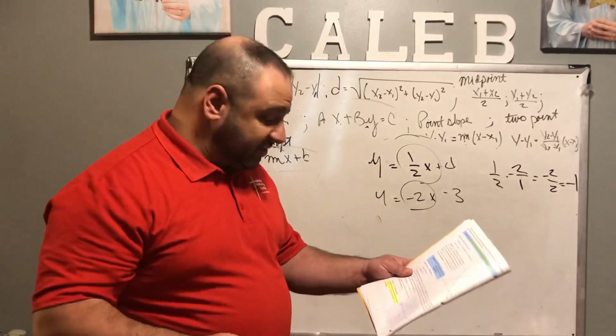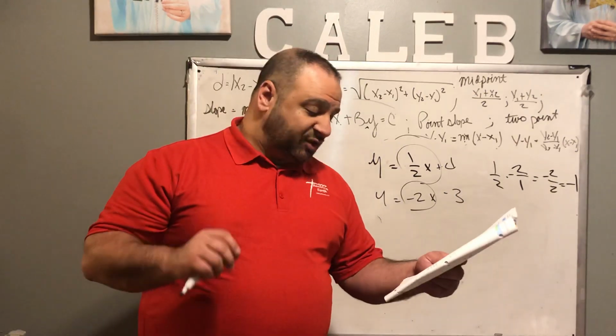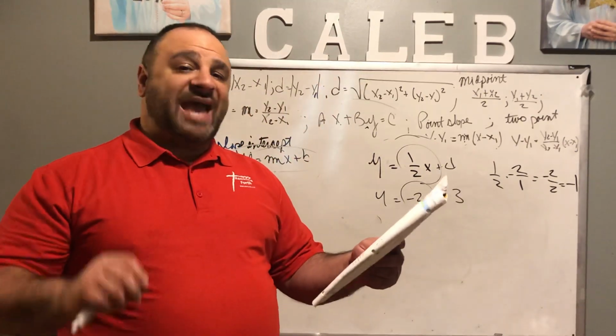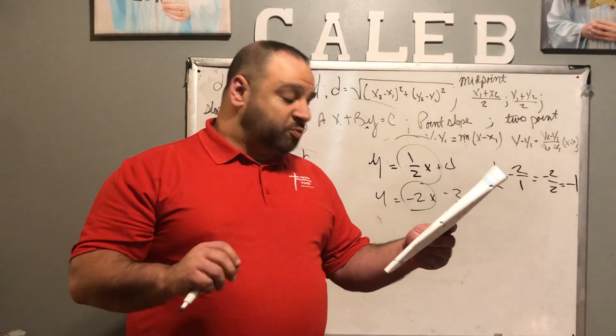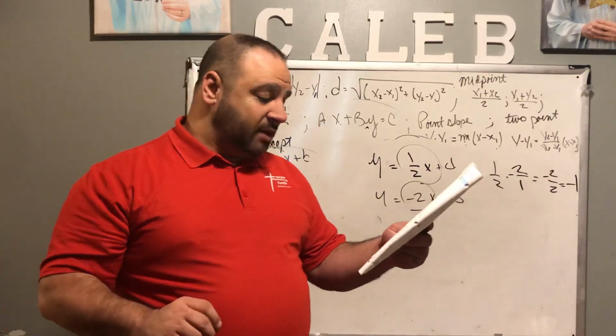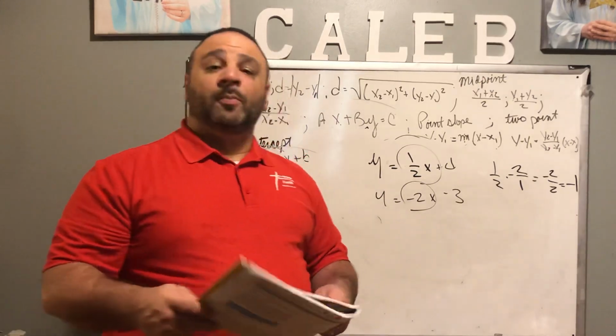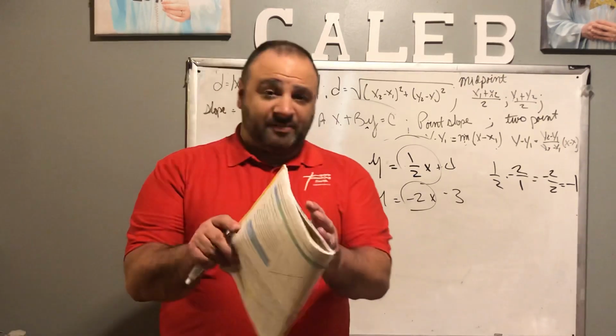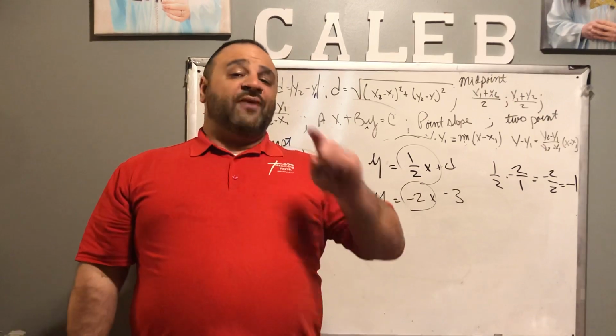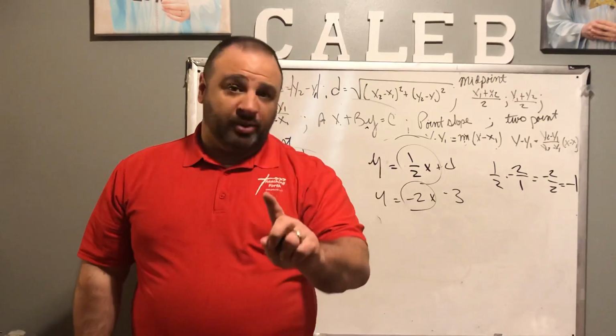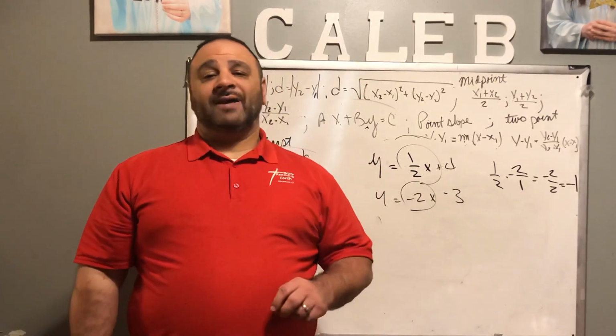Let me just say this at the very bottom of page 31. Two lines having different slopes whose product is not -1 are just going to be intersecting. They will not be perpendicular, but they still will intersect. So let me boil it down. If we have the same slope, we have parallel lines, correct?